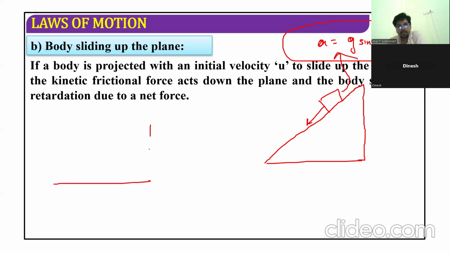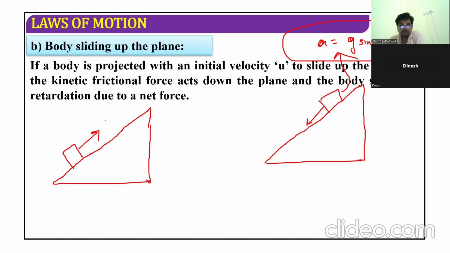But if a body is going up the plane, like this, the body is going up. Up means like this. You are taking this block sliding up the plane.